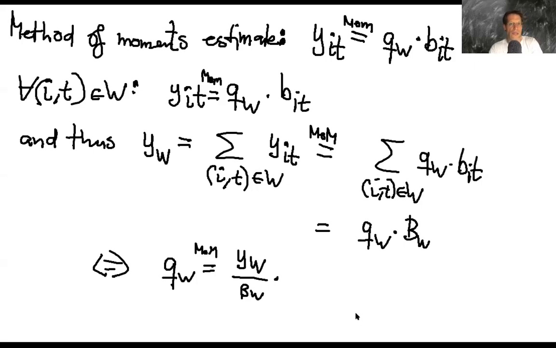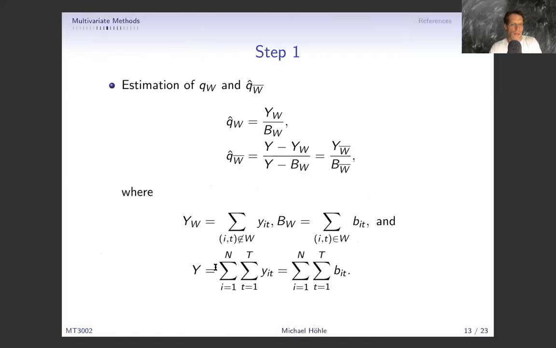And we can then go back to our slide to sort of check. All right. So that would be the y_W divided by b_W estimator that I just showed. And you can do the similar equation.